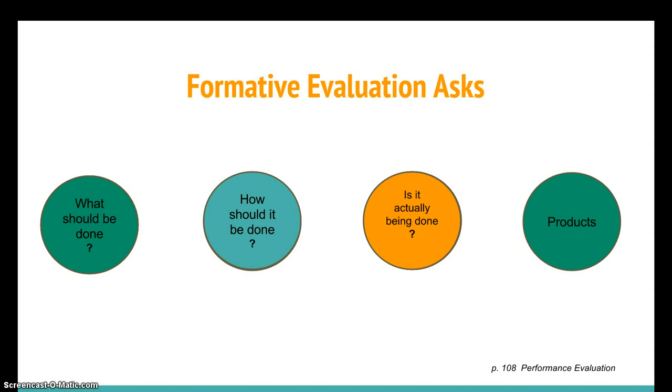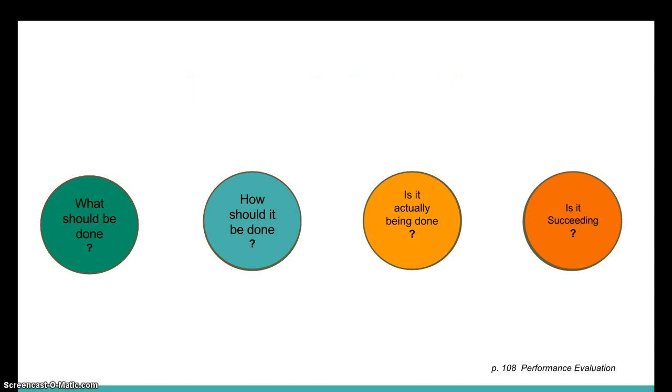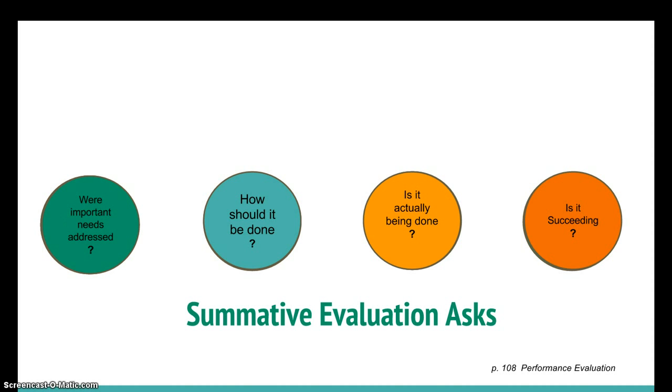Is it actually being done? Is it succeeding? For the purpose of summative evaluation, the CIPP model of evaluation asks, were important needs addressed? Was the effort well guided? Was service designed and executed as required? And did the effort succeed?